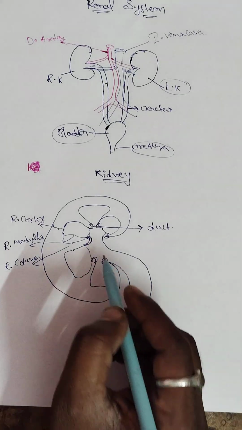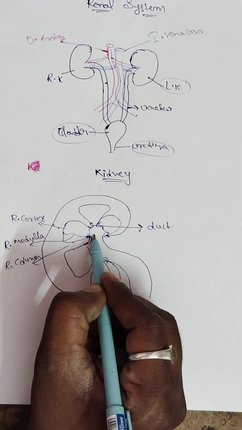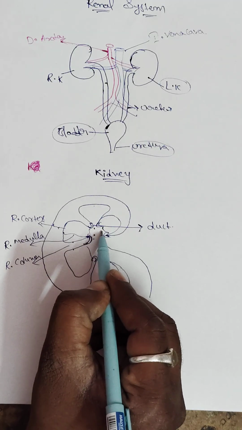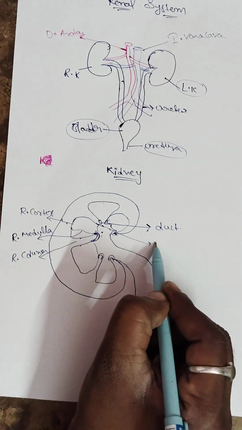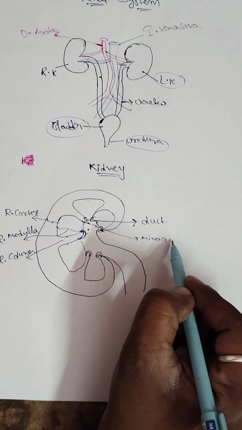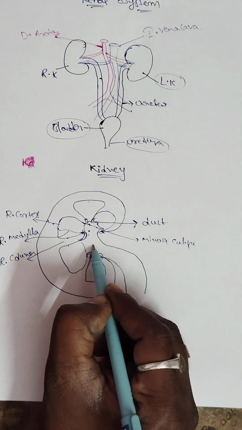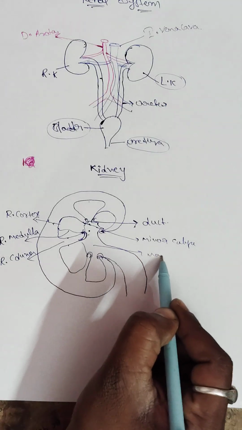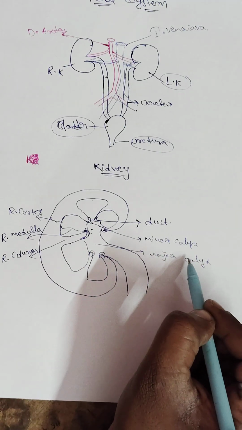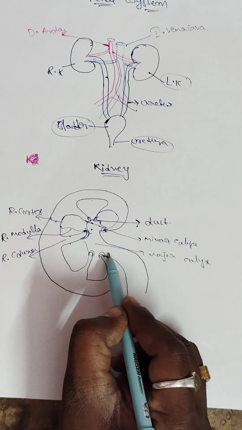Here this gap occurs, and only this gap is called the minor calyx. The next one, this larger gap, is called the major calyx. Minor calyx, major calyx. And this is called the renal pelvis.